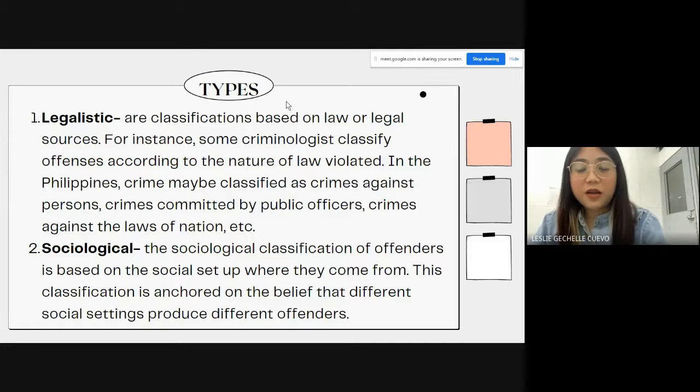Kung sa rural, baka nakawan lang ng tsinelas, nakawan ng manok ang mga offenses doon. Samantalang sa syudad, ito siguro mga pickpocketing, snatch, robbery, yung mga ganun.